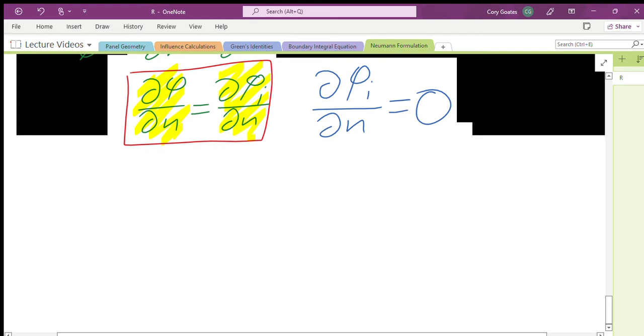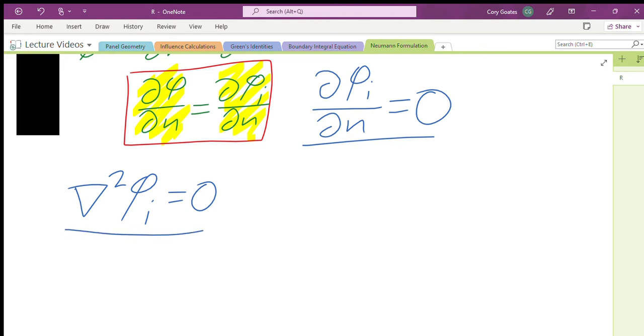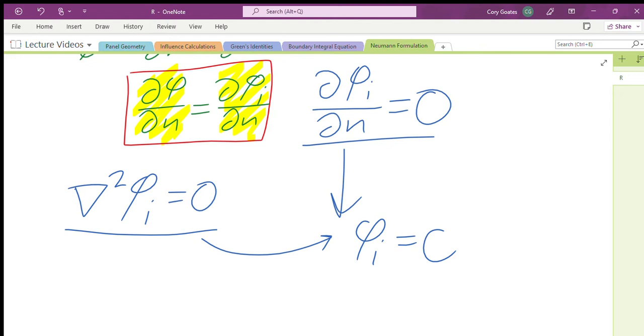But I can say, and I can prove this to you, maybe I'll do that in a separate video, that if I have this condition, as well as the condition that grad squared phi I is equal to 0, so if phi sub I is harmonic, if phi sub I satisfies Laplace's equation, then based on these two conditions, I can state definitively phi sub I is constant. Phi sub I is some constant value inside of this configuration. I know that. Okay, I can prove it mathematically.